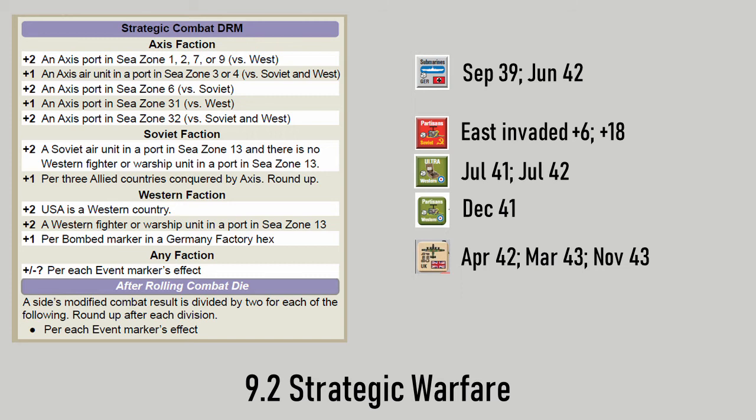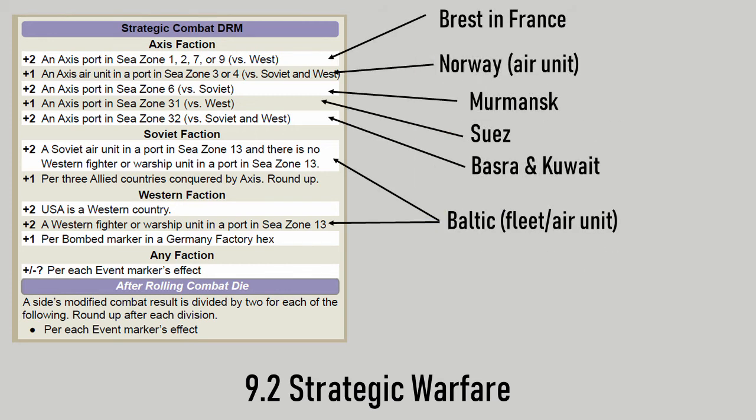A quick note here on the various strategic combat DRMs. They're listed on the player aid in a slightly unhelpful way with the C-zone number. What they in practice mean is that the Axis get a bonus for stationing a unit in Brest. They get a bonus for stationing an air unit in Norway. They get bonuses against the Soviets for holding Murmansk, which is very unusual.